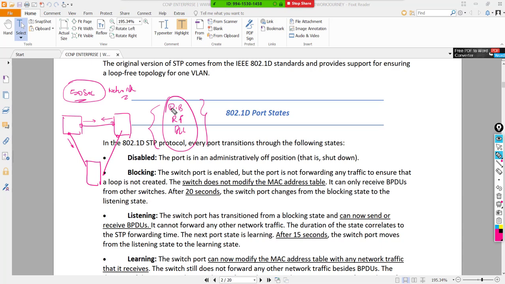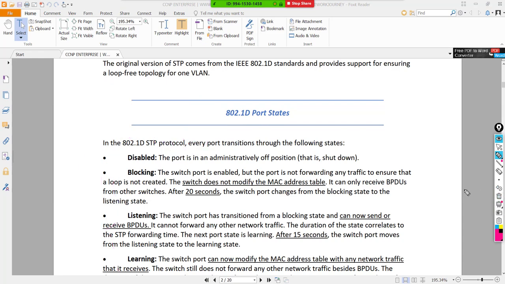We will see later on what the timers are, all those things. But yes, what is happening in this 50 seconds? Is it only about these calculations? Along with this calculation, or in order to make it more simplified, we have some states. We call it port state. These things happen within that state. So what are those states?